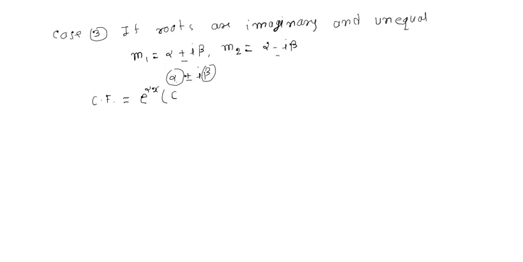There are two constants C1 and C2, because there are two roots m1 and m2. Here cos, put the imaginary part beta, so beta times the independent variable x, plus the second one sine, put the imaginary part beta x. So this is the CF for these imaginary or complex roots if they are unequal.